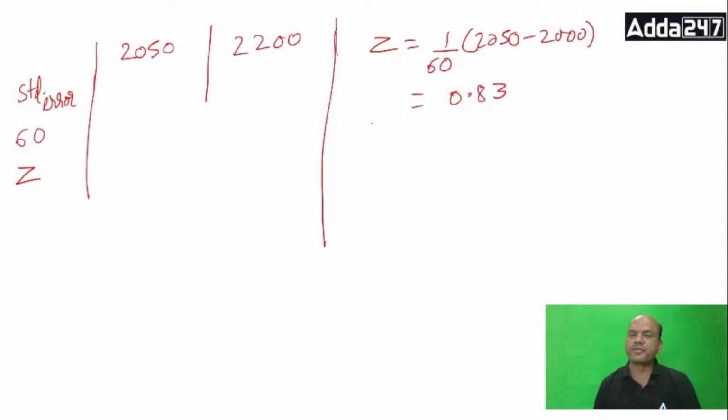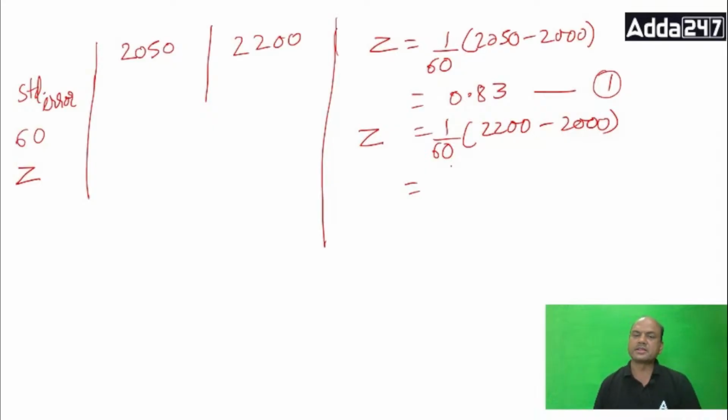Now second, Z for 2200. 1 upon 60 into 2200 minus 2000. So 200 upon 60. So what is the answer? 1.33. Are you getting this, everyone?